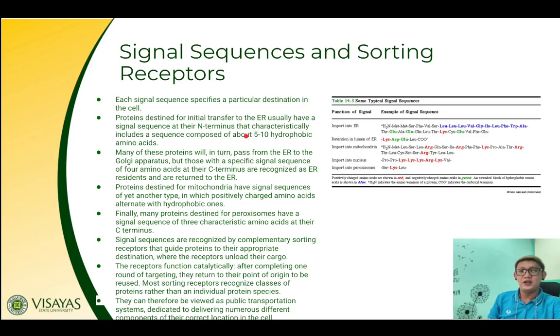Okay, so different organelles in the cell have different sorting signals for a particular type of protein that is attached to them. Okay, so for example, here are signal sequences that are important for import into the ER, for the lumen of the ER, for import into the mitochondria, import into the nucleus, and import into the peroxisomes.